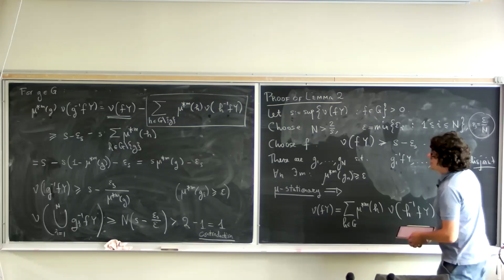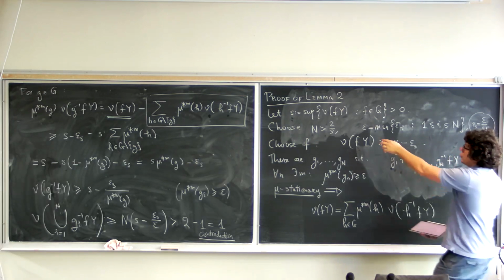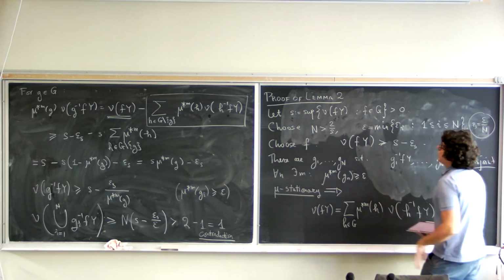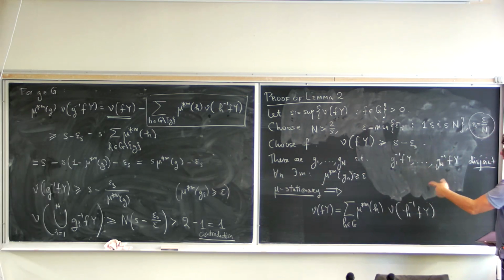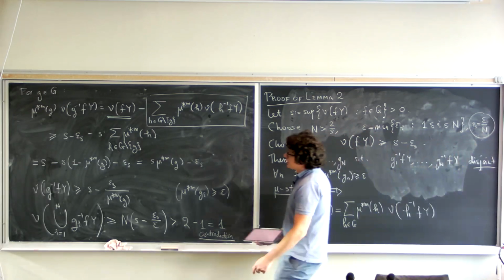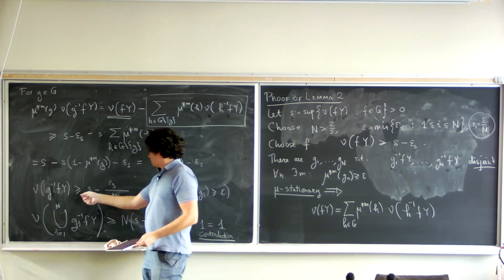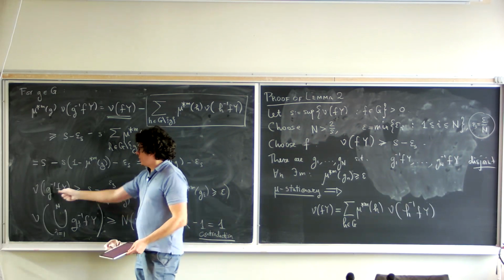So again, the idea is we have a stationary measure. We pick a point and translate it to get the maximum possible measure. And by the stationary condition, the other ones in its orbit also have to have quite big measure.